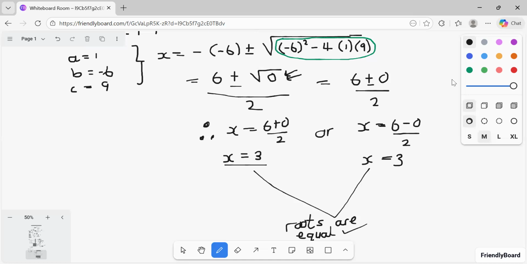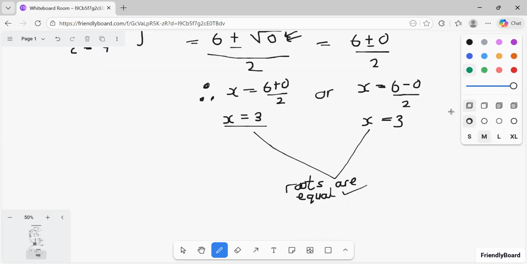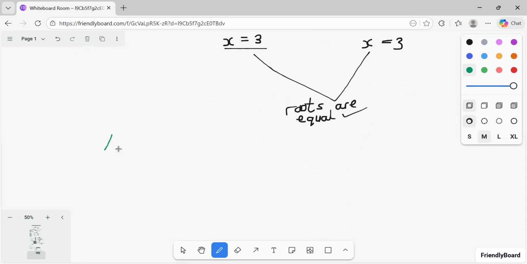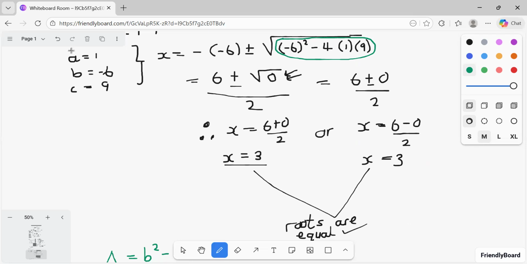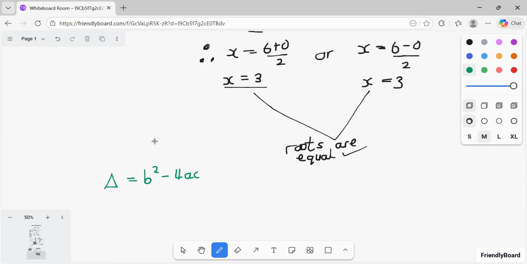All right, but just to prove that delta is going to be 0, I'm going to use the formula delta is equal to b squared minus 4ac. Then look at this now. I'm going to input my values of a and b and c, the ones that I got right there. These are the values that I'm going to input. Then let's see if we're going to get 0.